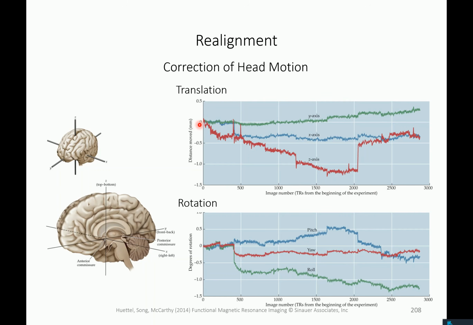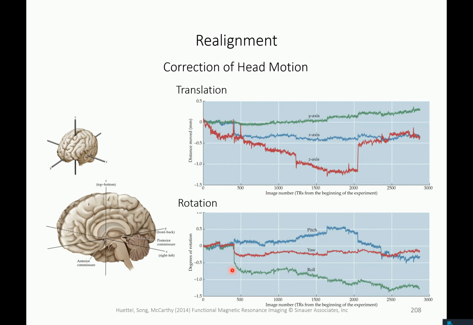So you say this is my reference, and then the algorithm tries to estimate the translational and rotational parameters, and then you get, for example, if you do an SPM analysis, here for 3000 volumes, the parameters. So you see, for example, that there was quite some movement in the z-axis, and then here there was some jump in the z-axis where maybe the participant did something. However, this is not really much, this is in millimeters.